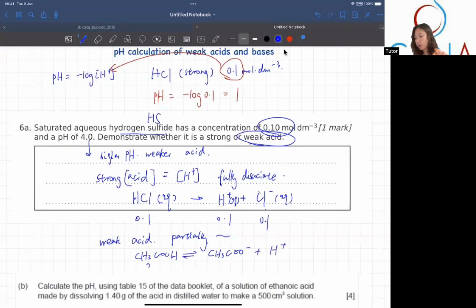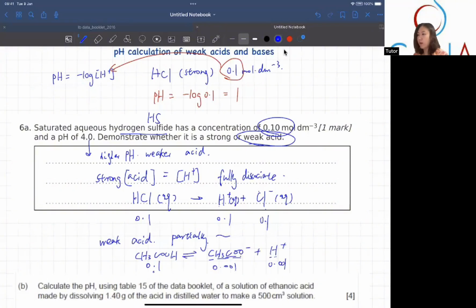But in this case, if I have 0.1 of the acid before dissociation, after the whole system reaches equilibrium, the concentration of H+ is definitely much smaller than 0.1. There could be 0.01 or even smaller, or 0.001, and it would be the same for the other ion, because when they dissociate, you break apart this molecule at the same time.